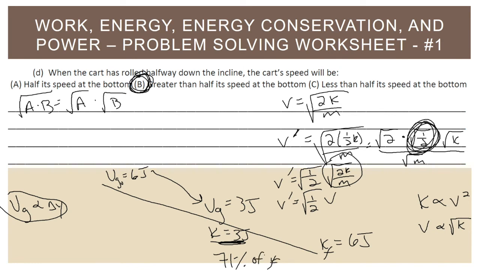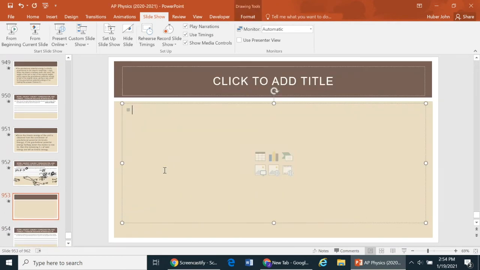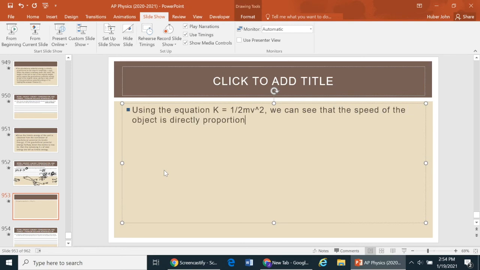And so what we can say here, and we'll write this down as our explanation or our justification for this question, is we'll say using the equation K equals 1/2 mv squared, we can see that the speed of the object is directly proportional to the square root of the kinetic energy.